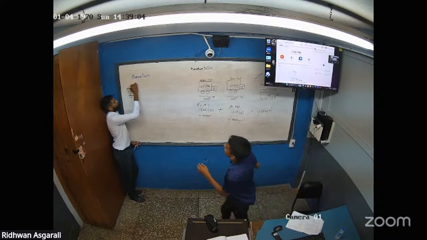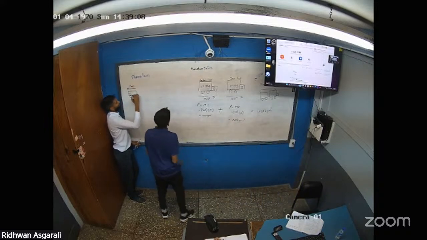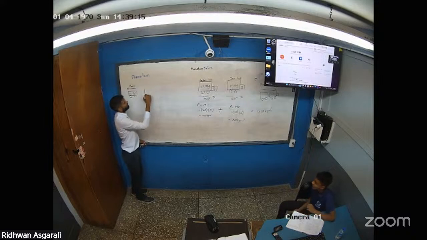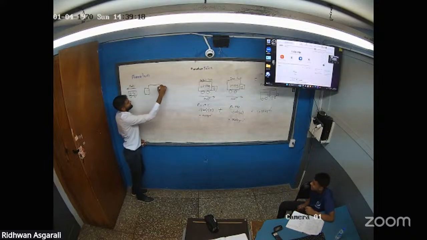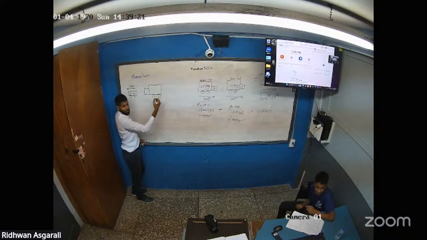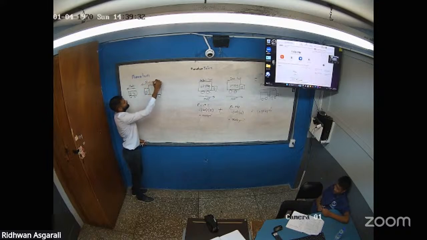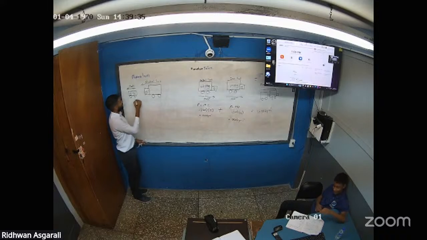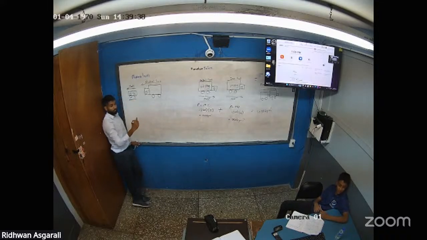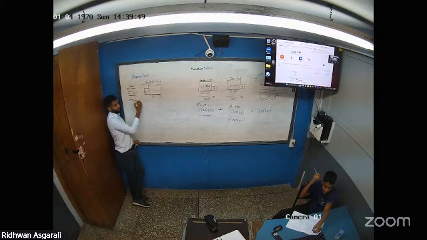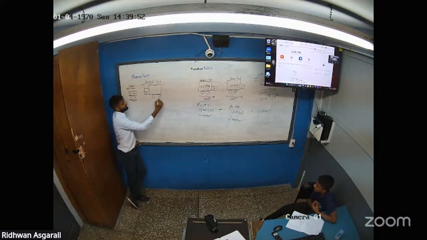Now for the third one, this is the truck, a big truck on the road, and this is Shakir's car. Shakir is driving at 50 meters per second, and the other is going at 40 meters per second.